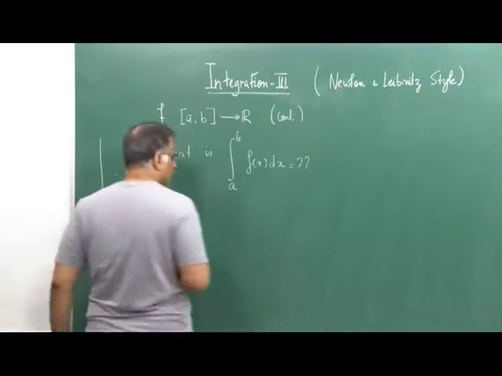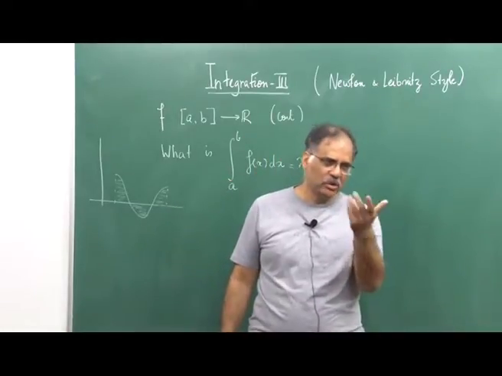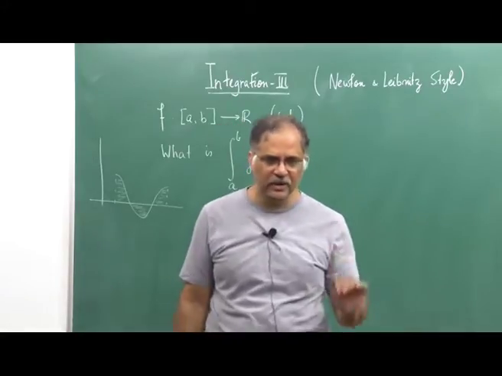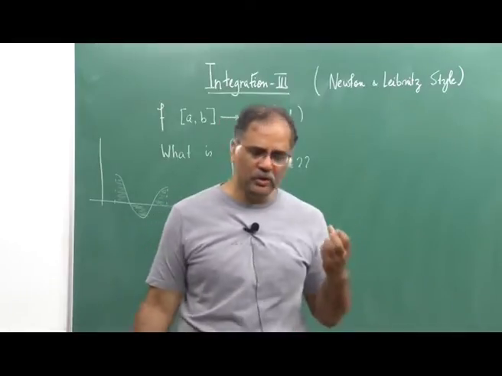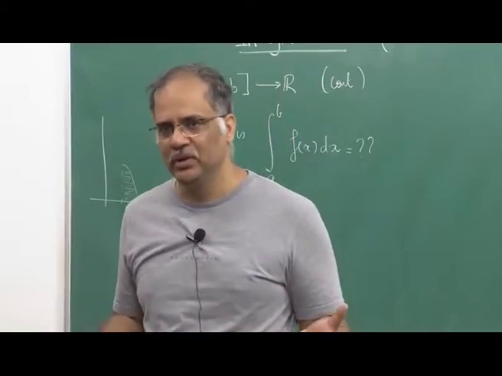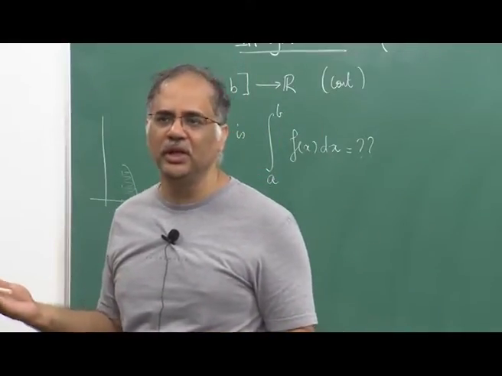Take any real number, whatever, 2, 3, minus 2, minus 5, any fraction. If you take any negative number, you can always add a positive number so that the sum becomes positive. So every number can be expressed as the difference of two non-negative numbers.